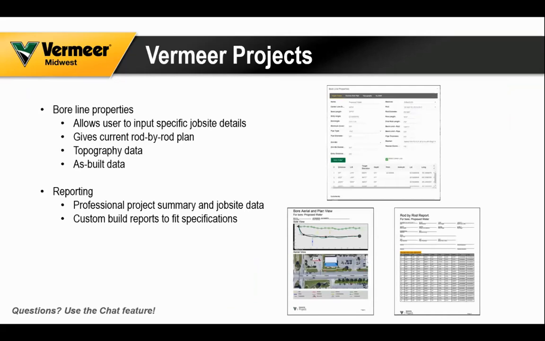So once you either map out or draw out your bore line, it's going to allow some user-specific job site details. Based on bore line properties and target points, the application is going to give you a current rod-by-rod plan, which will update and change as you make changes to target points and entry-exit angles and so forth.